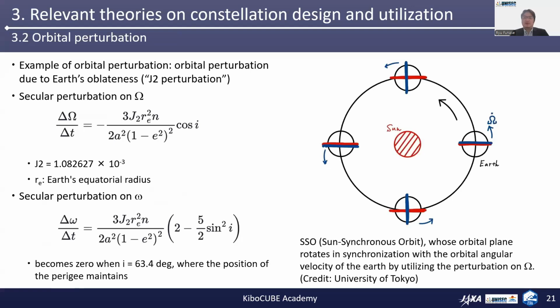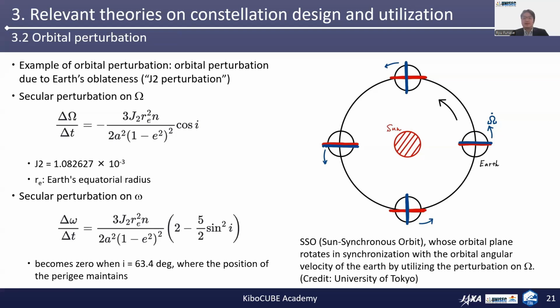As an example of perturbation, I will illustrate the effect of perturbation due to the oblateness of the Earth. The perturbation force due to the oblateness of the Earth is often called the J2 perturbation, because the coefficient J2 in the harmonic representation of the gravitational potential of the Earth corresponds to the effect of the oblateness of the Earth.